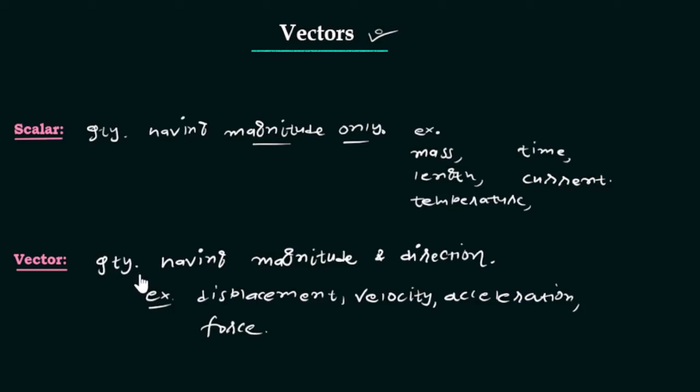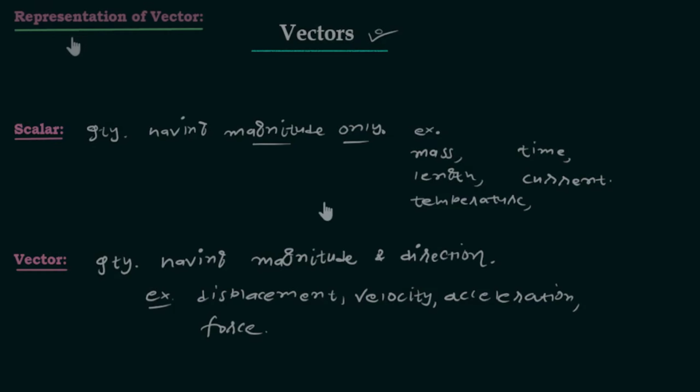Now let us move to how vectors are represented. In the form of a symbol, if I want to describe force, force has the symbol F. Now on this letter of the force, we will put an arrow. The arrow shows the direction.